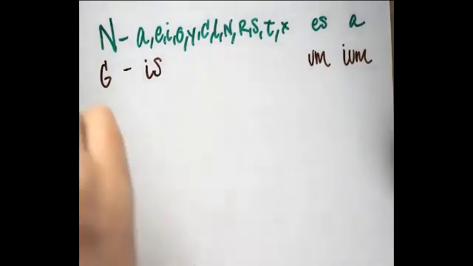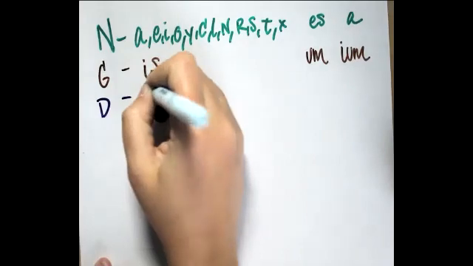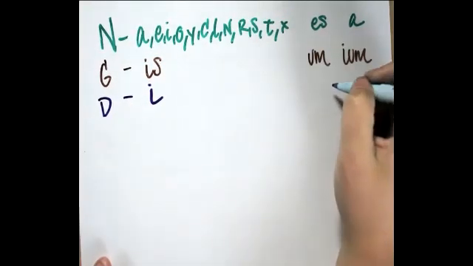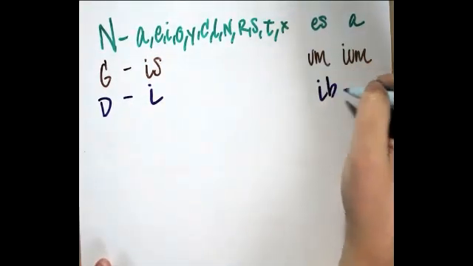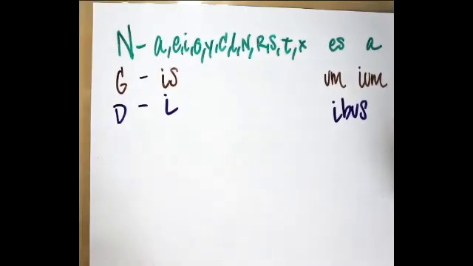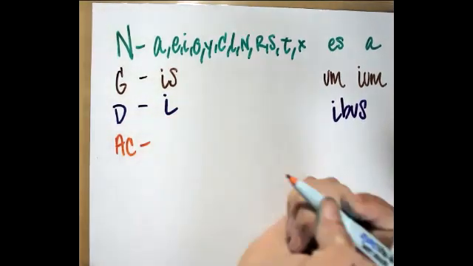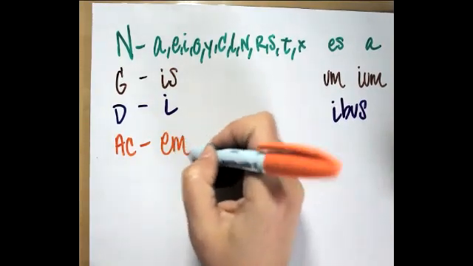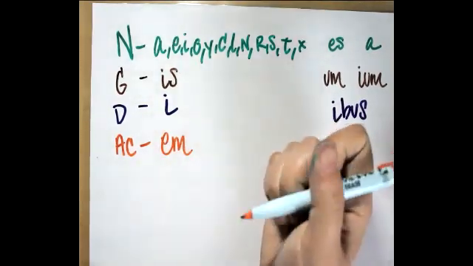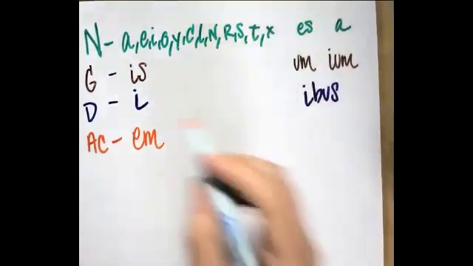In the dative, that's nice, that's easy. Masculine, feminine, neuter, I stem, no I stem, just ibus. Easy. In the accusative, masculine and feminine, EM, regardless of I stem.